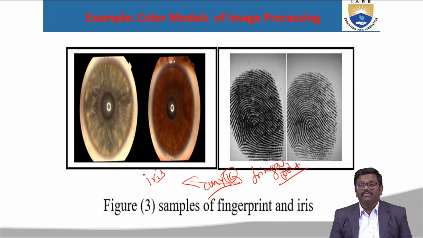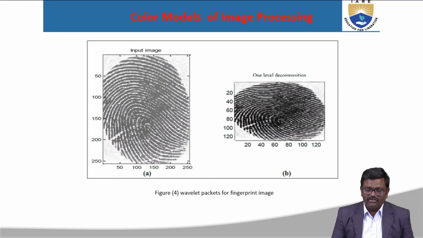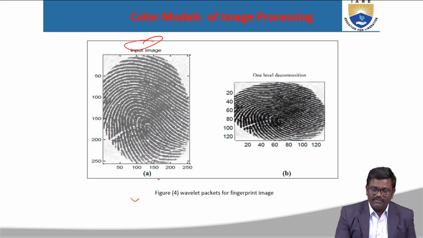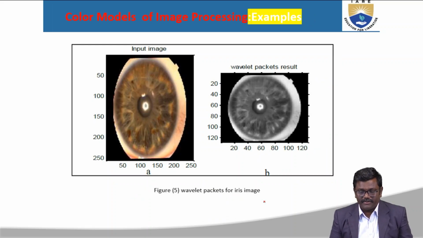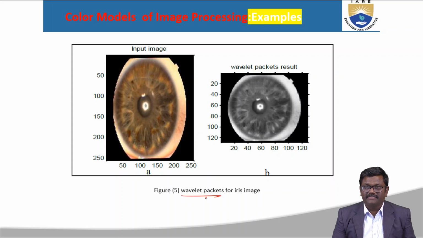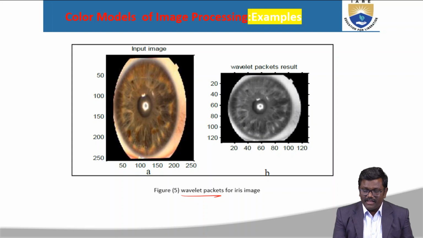Like that, we can proceed with certain samples. Let us take the input image as a fingerprint, apply the color model, and then you get the required print. Here we may also process this color model with the help of wavelet packets. Wavelet is nothing but separating each and every part of the image.